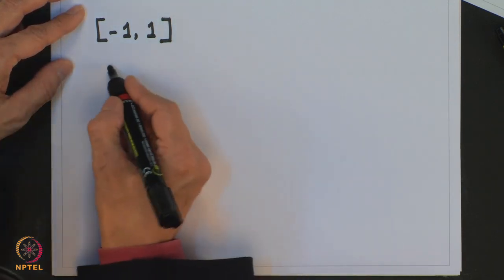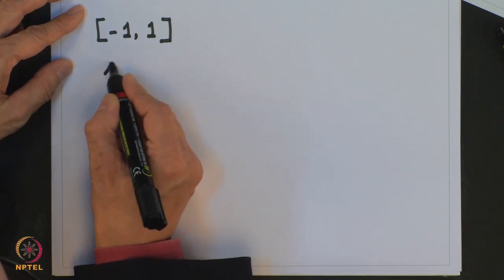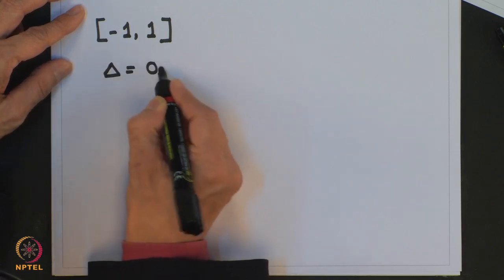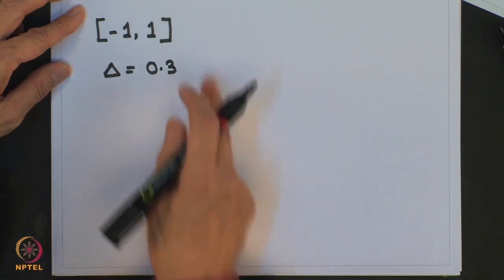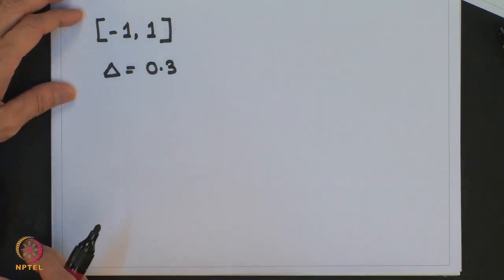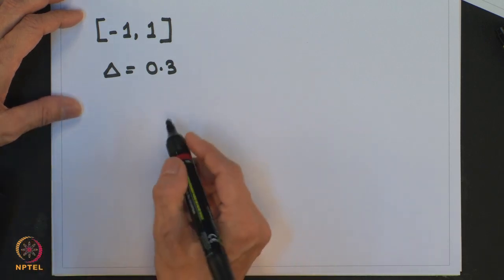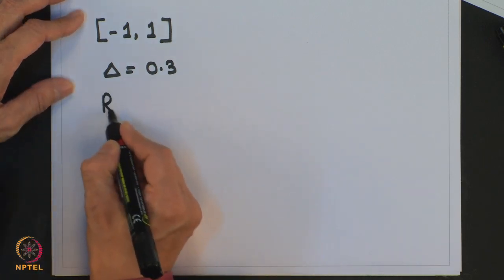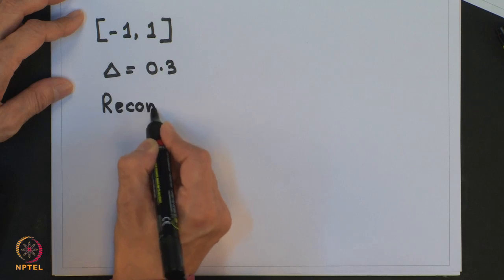So, let us say we use a step size of 0.3. If you use a step size of 0.3 and again design a uniform quantizer, our reconstruction levels would be as follows.